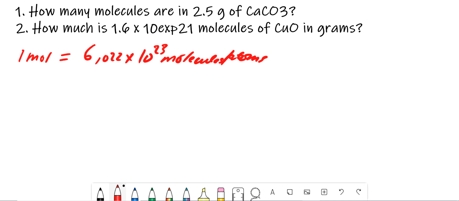You should know this by heart. This is Avogadro's number. So 1 mole of any substance is equal to Avogadro's number.